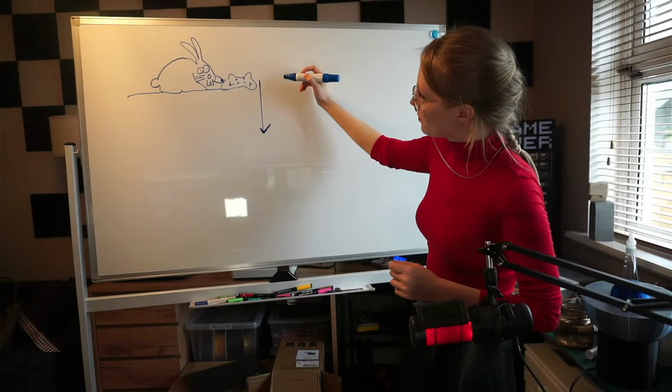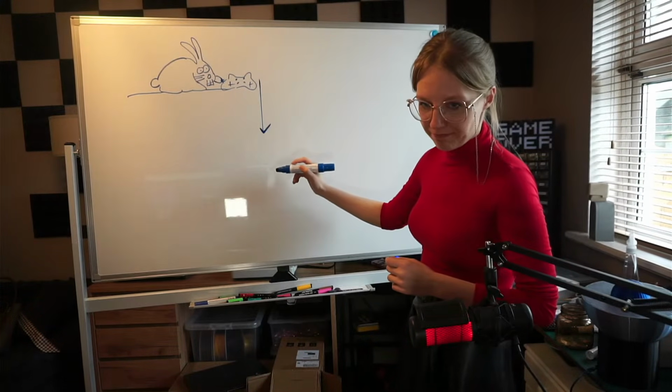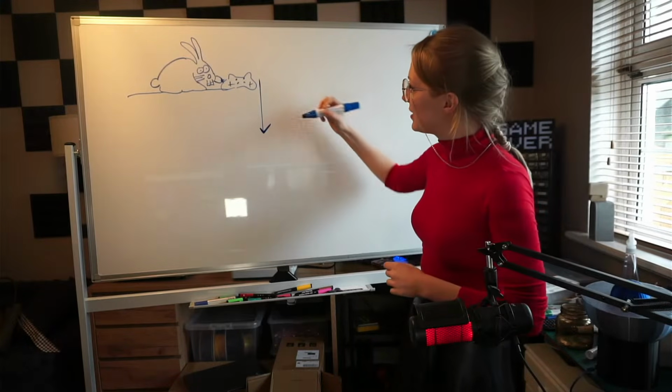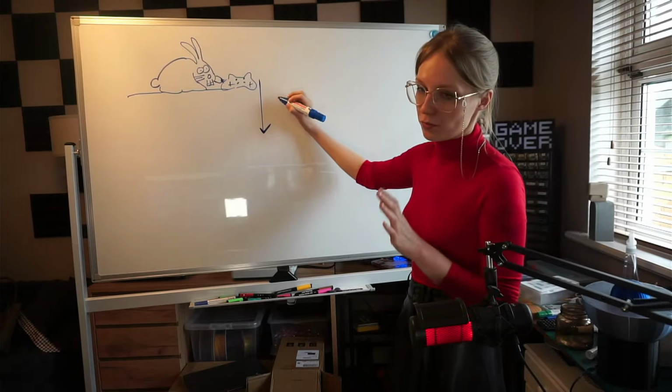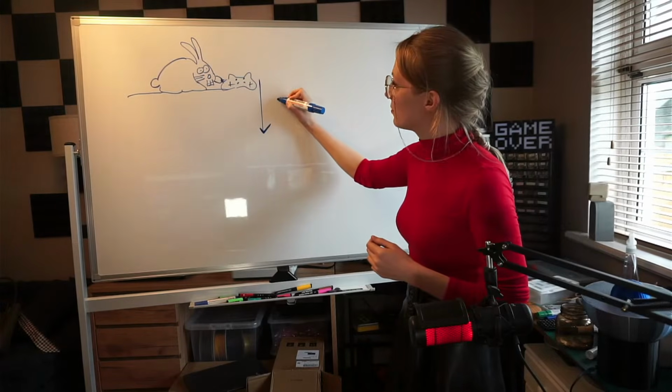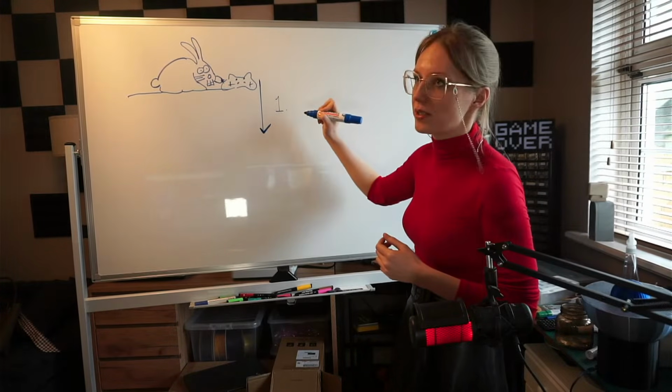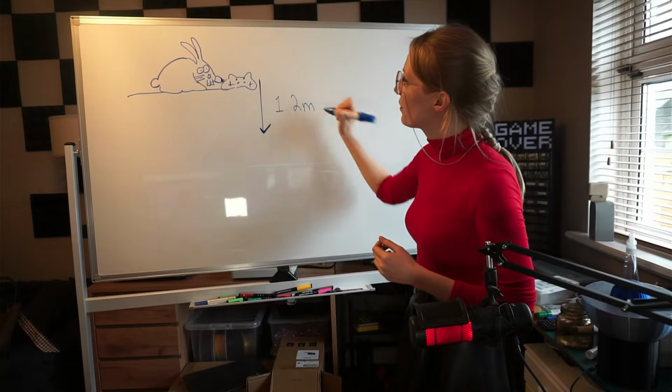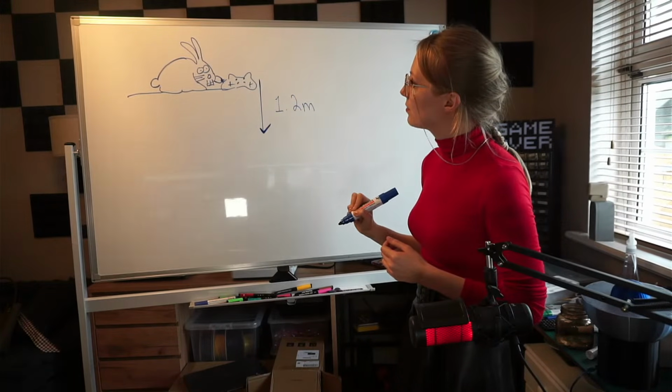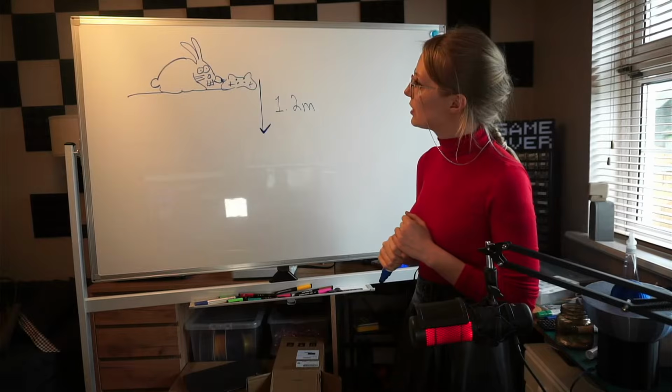Okay. And so she drops the controller. And I could say that the distance is half a meter. Or we'll say one is too easy. 1.2 meters. Okay? And yeah, that's all the information I'm going to give you.